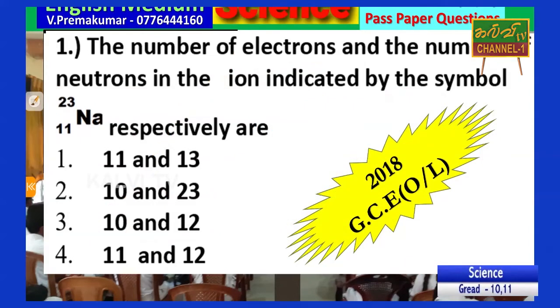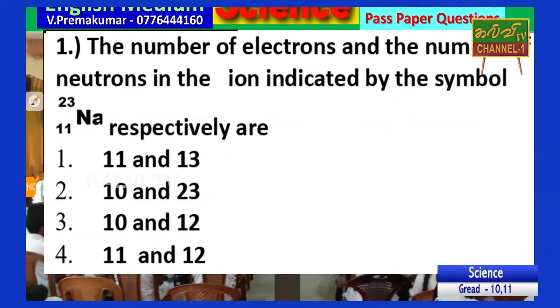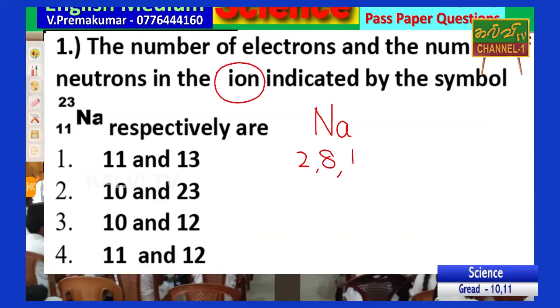If you forget to concentrate on this word, sometimes you may think about the sodium atom, that is 2, 8, 1. So number of electrons 11, number of protons 11, number of neutrons 12.